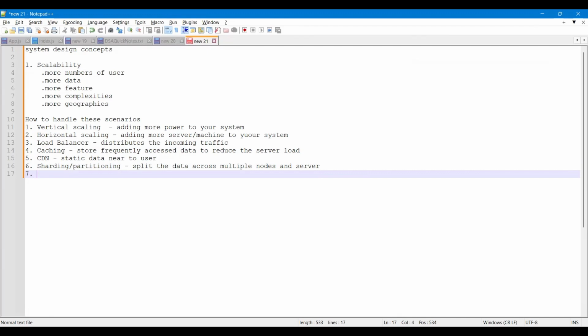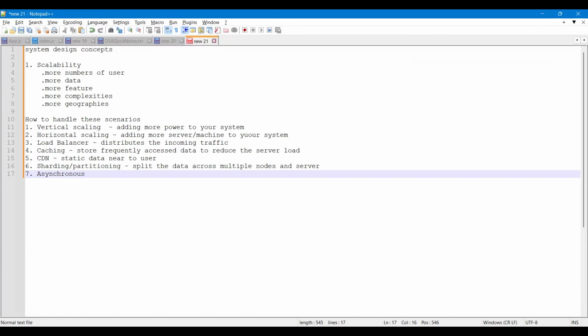Then we have async communication. Suppose in your application, you don't want the application to wait for some particular functionality, like the notification or the emailing thing. We don't want the application to stop and wait for the response, like the email sent to the users to notify some functionality.